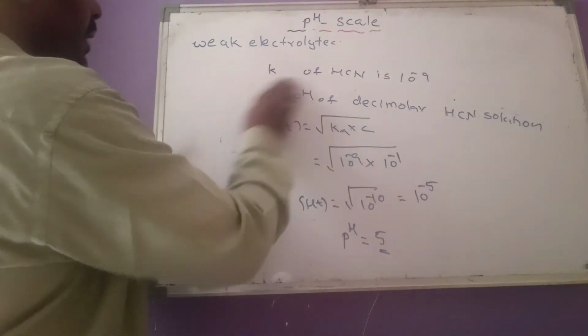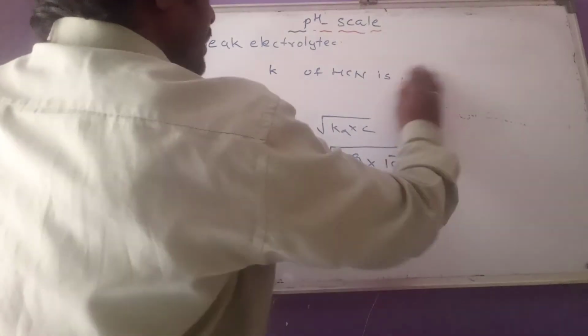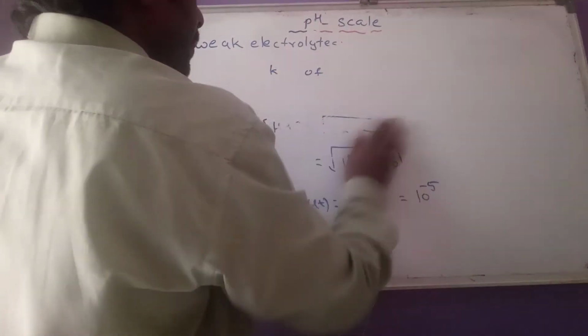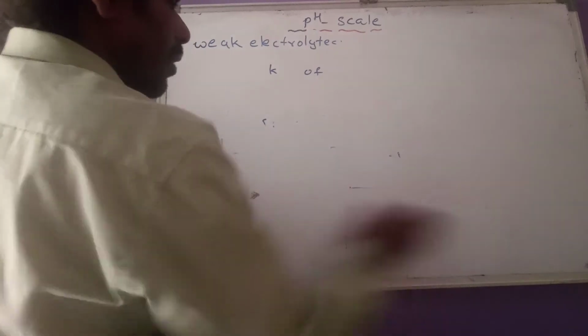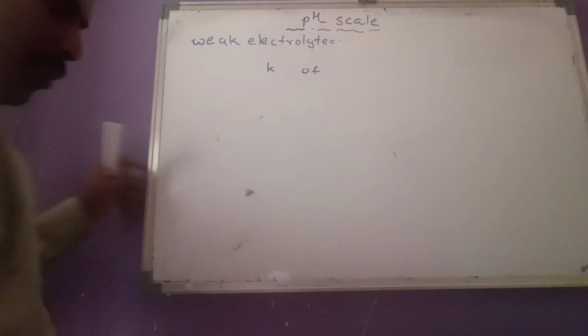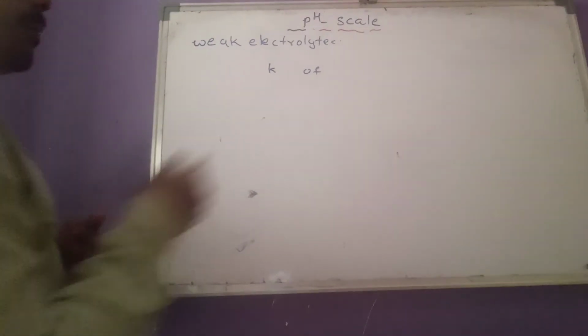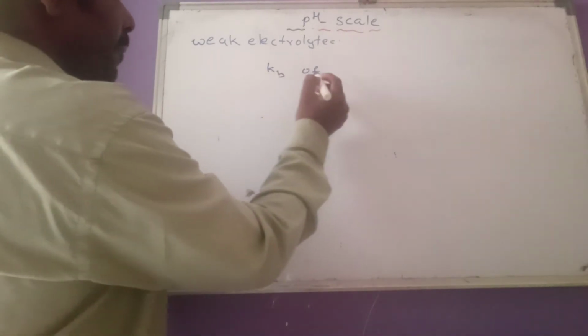Similarly, regarding a base, let us see this type of question. Ka value is for an acid, but for a base we have to give the Kb value.